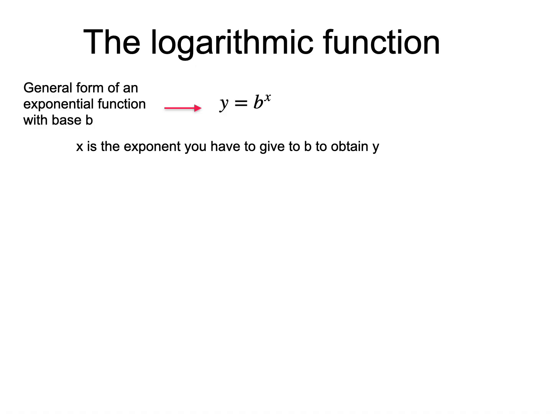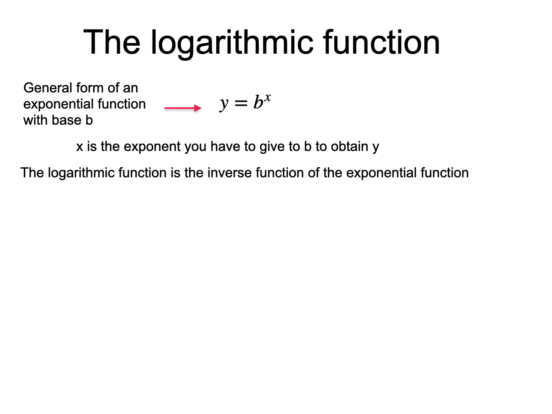This equation isolates y. The inverse function of the exponential function has y as an argument and x as the result. The logarithmic function isolates the x value. It isolates the exponent, which is what we need to finish solving our previous example.